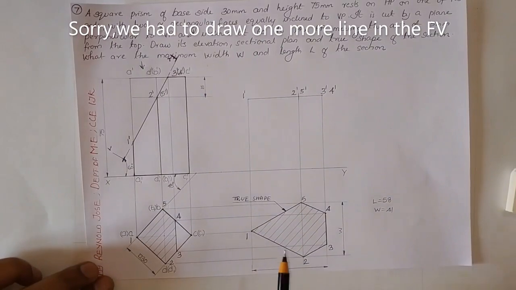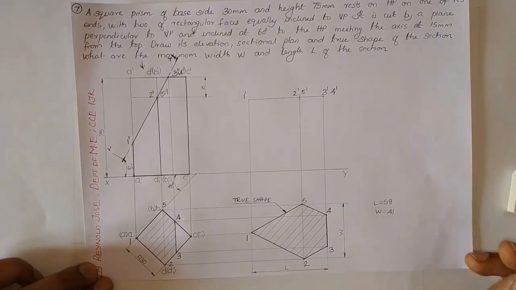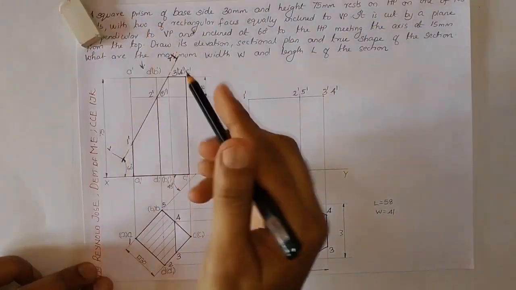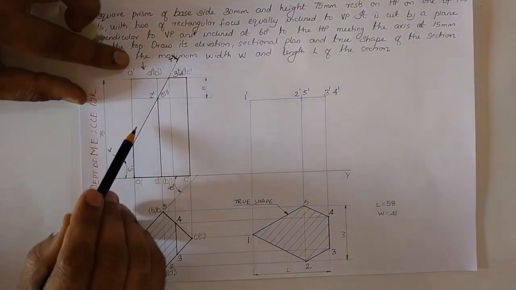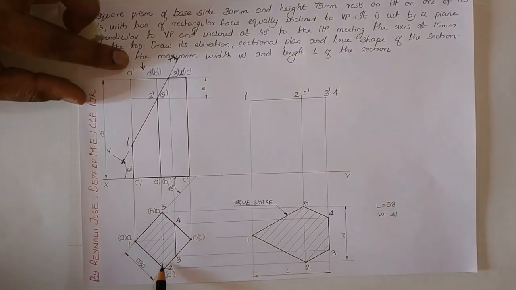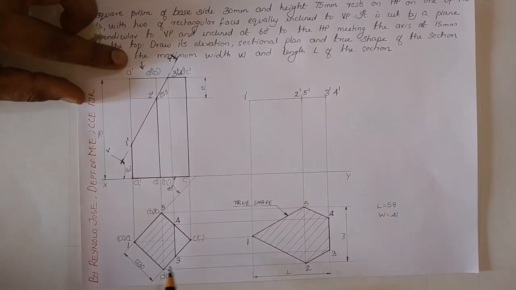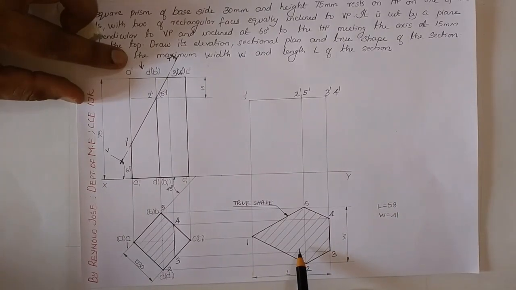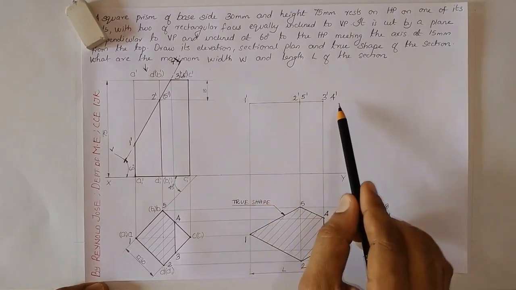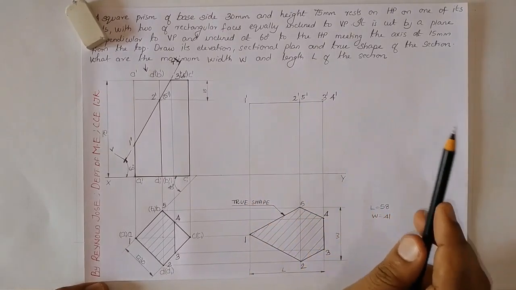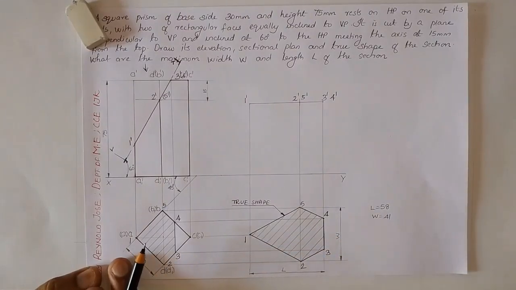And after this, we have to draw the true shape. Here we require the true shape separately, because we have an inclined section plane, and when you observe in this direction from the top, the clear idea of this section surface is not visible. That is why we are drawing a separate true shape here. After drawing 1 dash, 2 dash, 3 dash, etc., we extend projectors from this region and from the top.